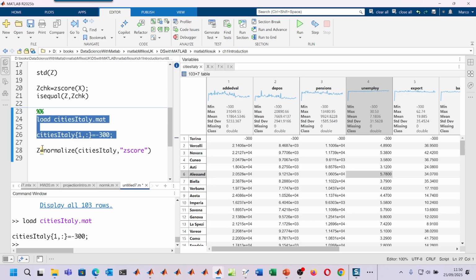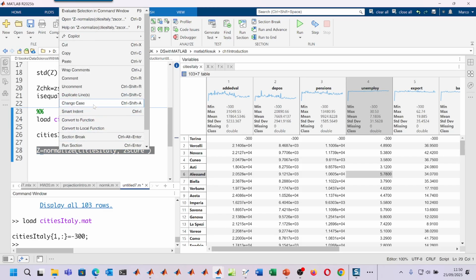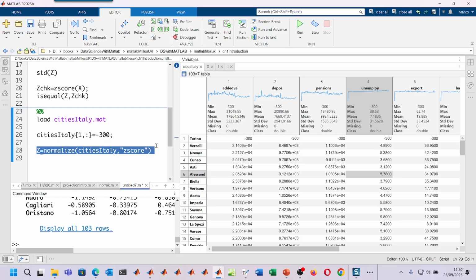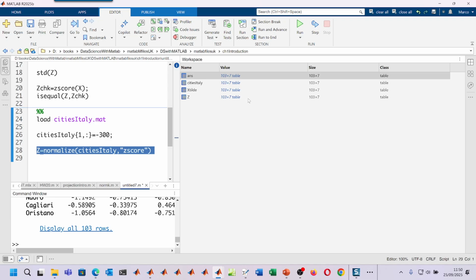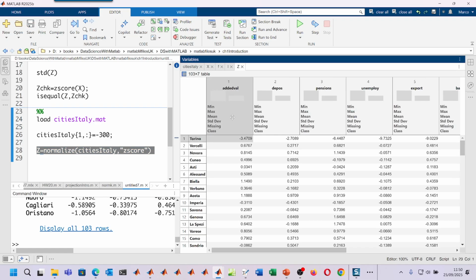When you compute the z-scores, now z, you see, you have this one which is equal to minus 3447, and then you see that all of these are affected by these outlying observations.